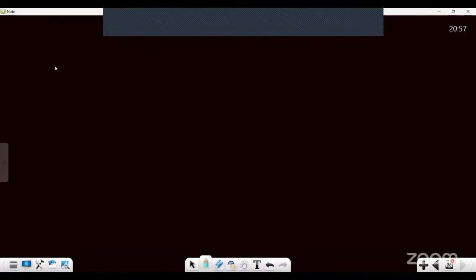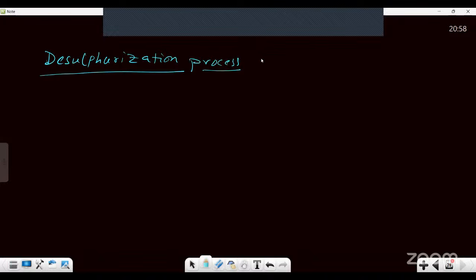We see that in the oxidizing environment, as the formation of CO gas is not there, the desulphurization process becomes very difficult. So desulphurization process is very difficult in the steel making process.